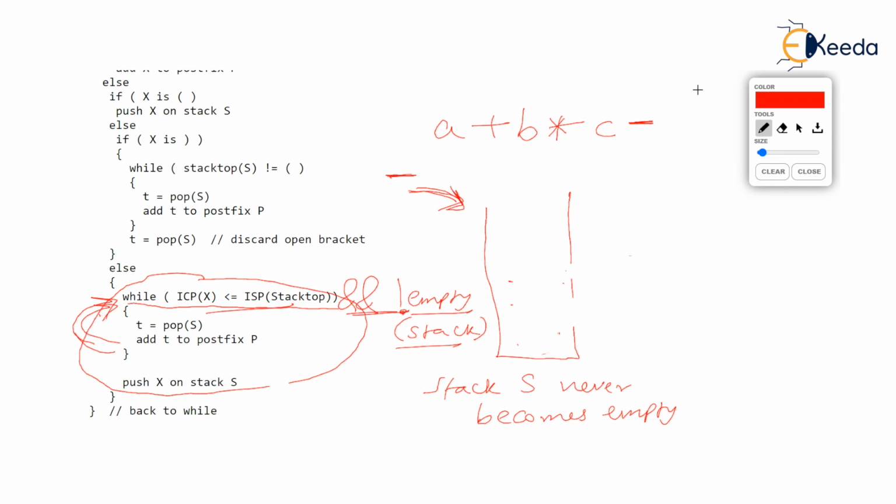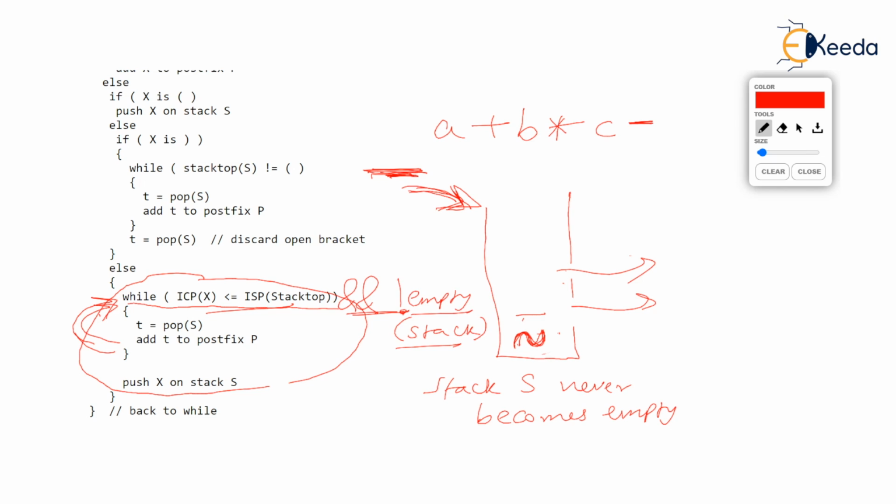But if you push this tilde on the stack initially, such that priority of tilde is least, then whoever is coming inside the stack, like minus is coming in the stack, even if you pop all the operators, like star was popped, plus was popped, there will be a time reached when minus, the incoming operator, will be compared with tilde. And you know that tilde has lowest priority, then minus can easily supersede on top of tilde.